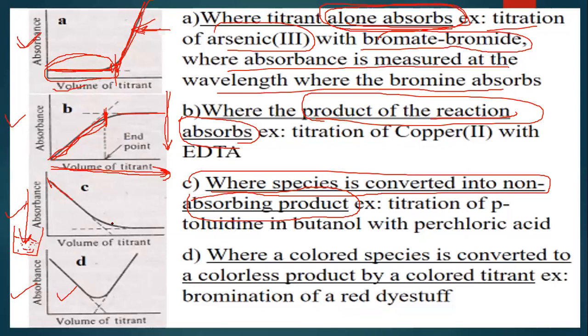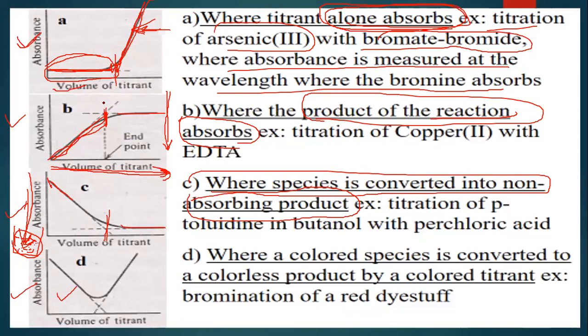So at a particular point the concentration of this substance present in the flask will be 0, because it is converted to another substance by reaction with the titrant which you have added from the burette. And now here is the end point, so that again remains constant.